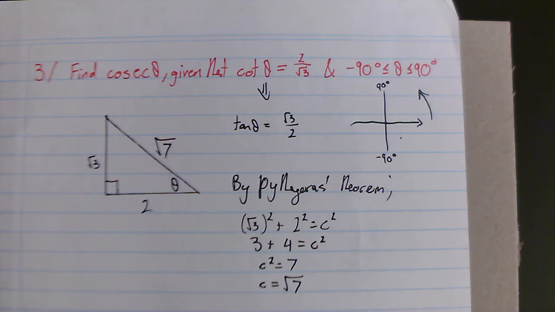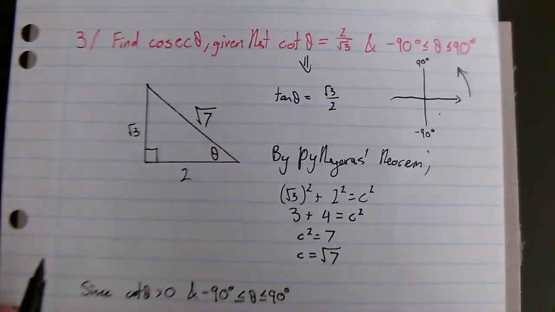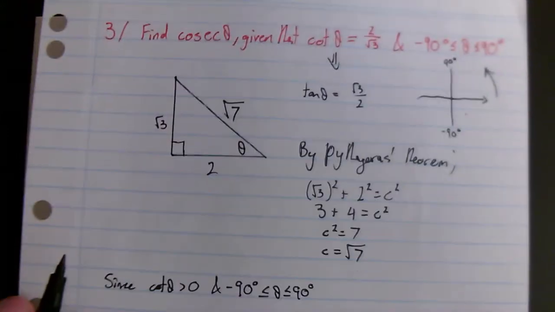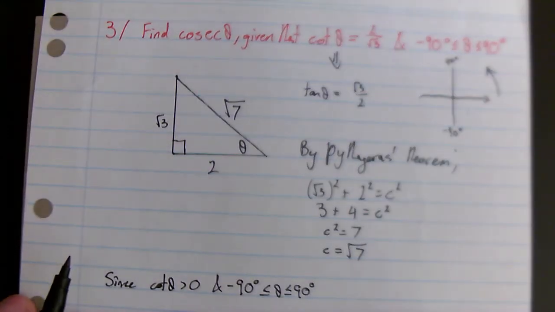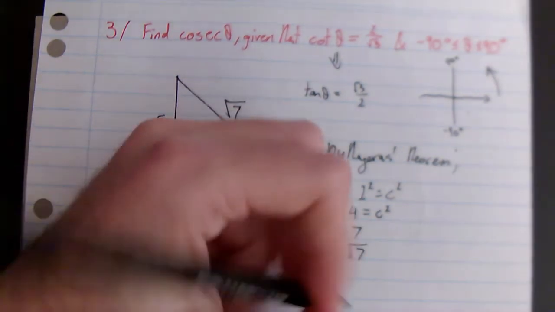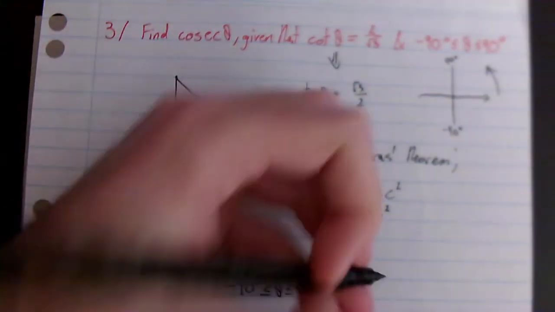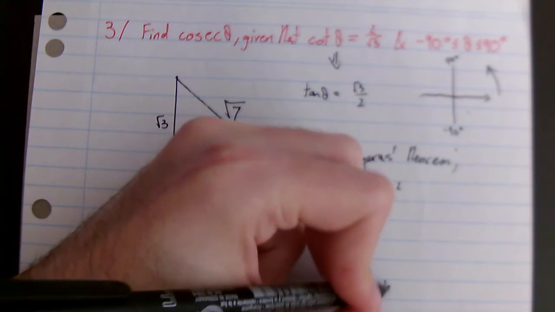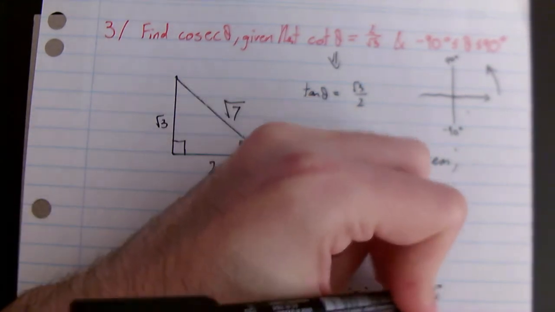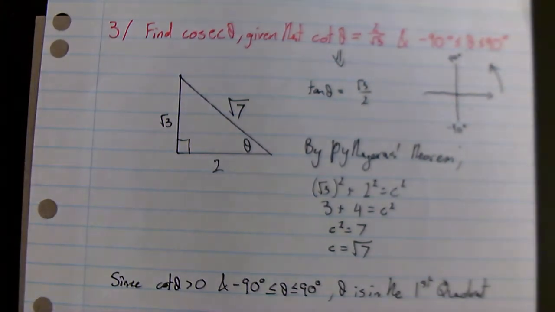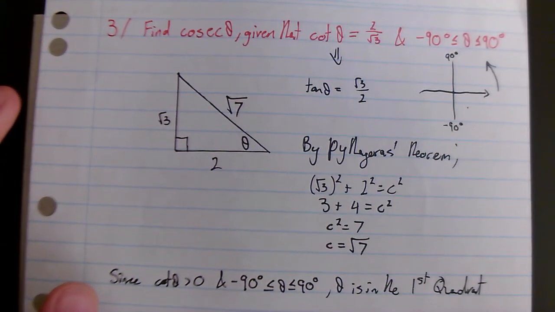And the fact that cot theta is positive implies that theta is going to be in either the first or the third quadrant. So which one satisfies both of these conditions? That's the first quadrant. So theta is in the first quadrant.